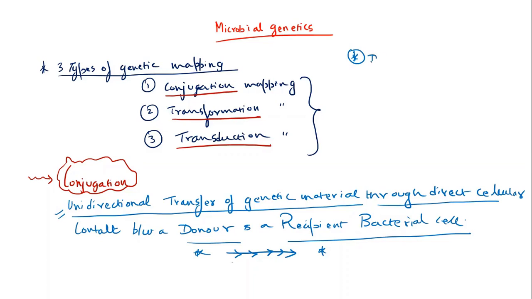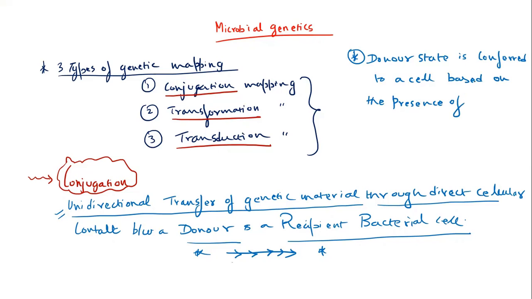So the donor state, I hope you agree with this point. The donor state is conferred to a cell based on the presence of a special plasmid, which is called an F factor, right?